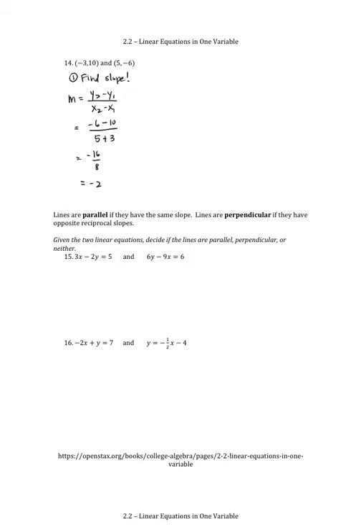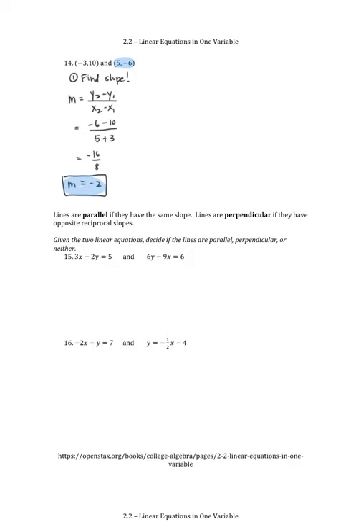So there is our slope, okay? Now I have a slope and I have a random point. It doesn't matter which point you use, just use whichever point you want. So here's our slope, and let's use this one. I'm just picking one, okay?